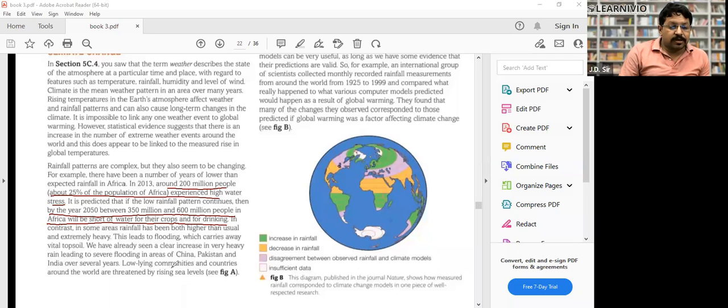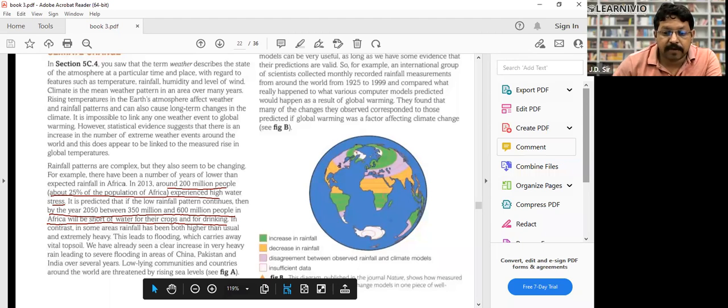Low-lying communities in countries around the world are threatened by rising sea levels. So these are the impacts of global warming. That's what the IPCC has said.